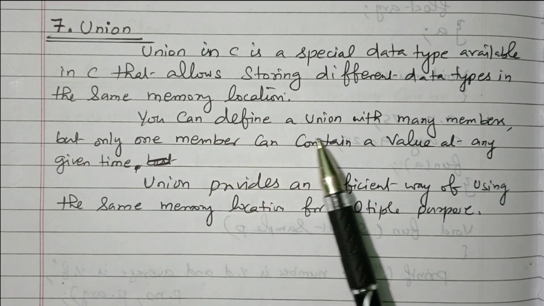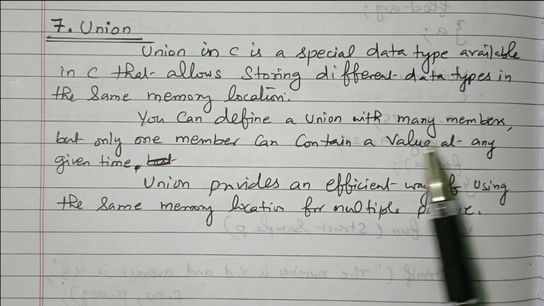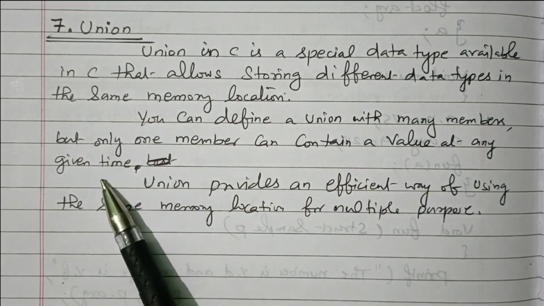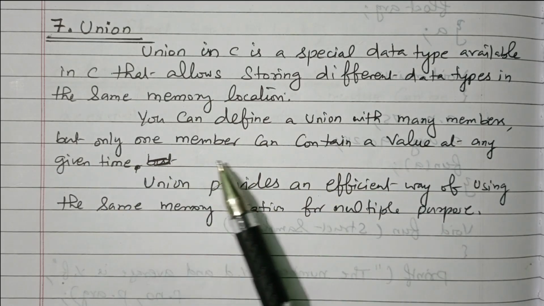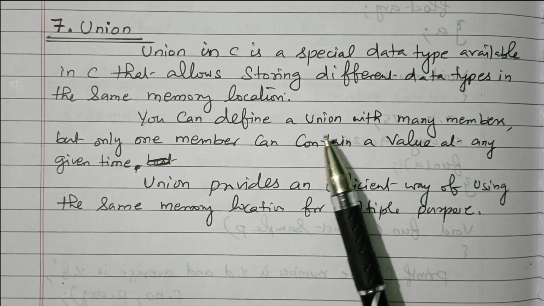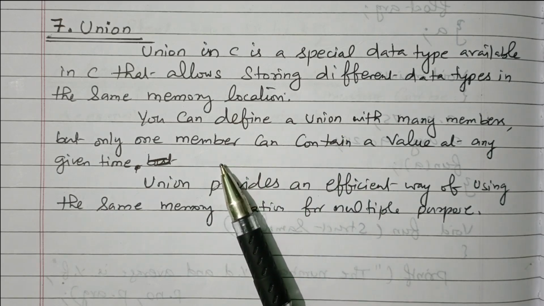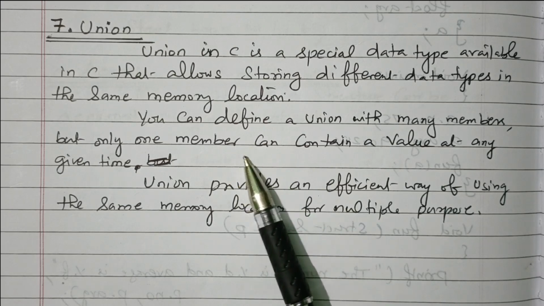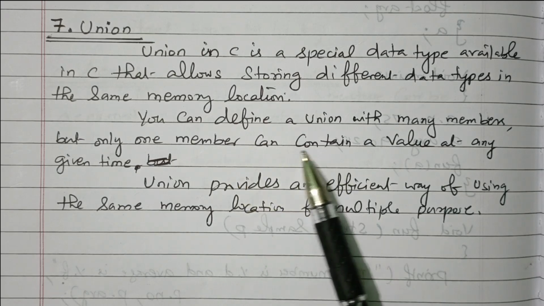You can define a union with many members, but only one member can contain a value at a given time. For example, if 5 data types are available, the last member we access is the one whose data is stored in the memory. Only one member can contain a value.